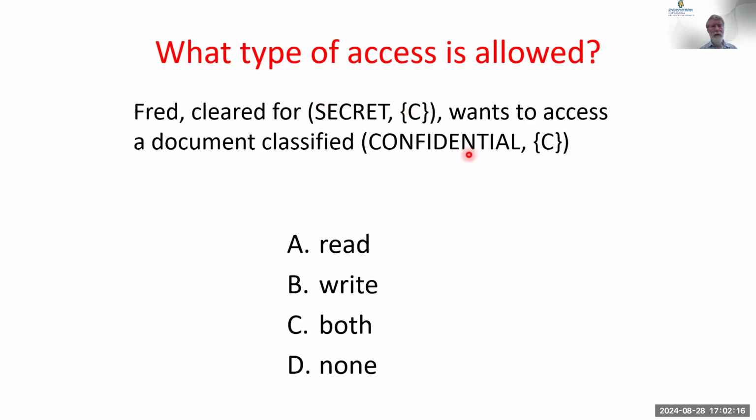Sorry, I'm looking at the wrong one. Secret. Okay, he's allowed to read this, but he can't write it because you can't write down. In other words, if Fred has secret, it would be a write down to write at a confidential level. So even though the categories match fine, he can't do this. So the only thing he can do is read. Everybody see why it should be read? He can't write it because that'll be writing down. You can read a lower level, and you can write to a higher level, or of course the same level, but you can't write down.